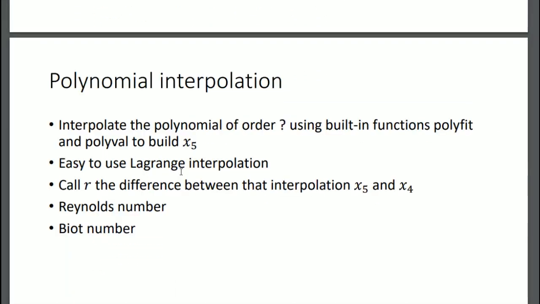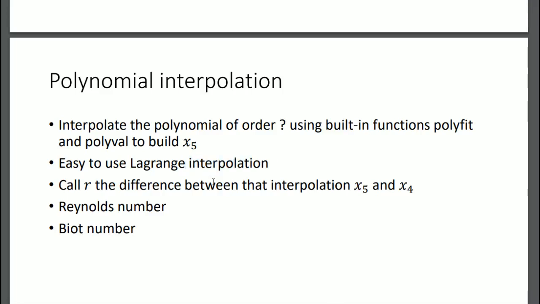So now we do a polynomial interpolation. We interpolate the morphological dilatation with a polynomial of order, we will see later, using the built-in functions polyfit and polyval. We can also use the Lagrange interpolation, but it's just a waste of time, though it's not really hard.